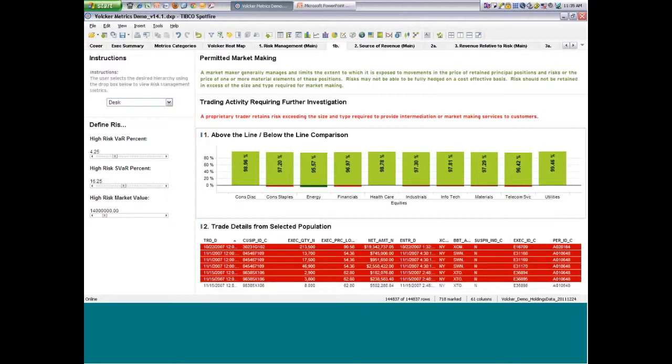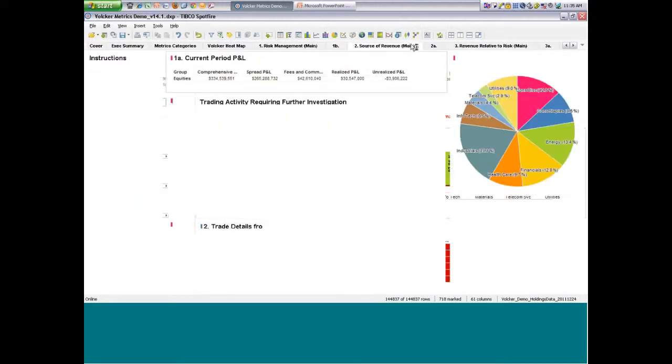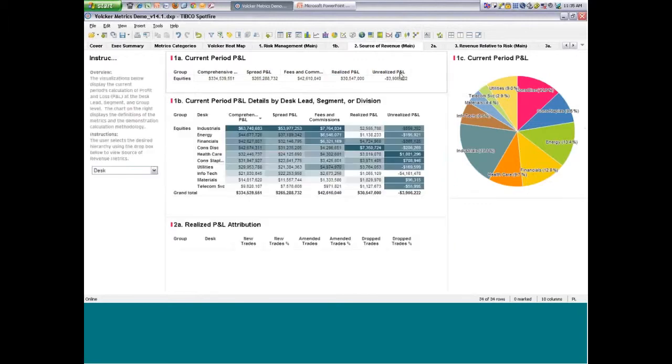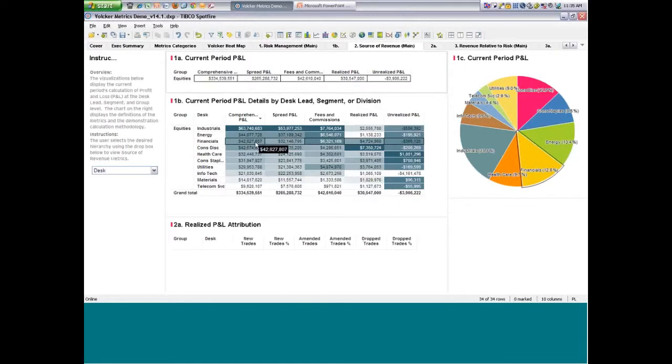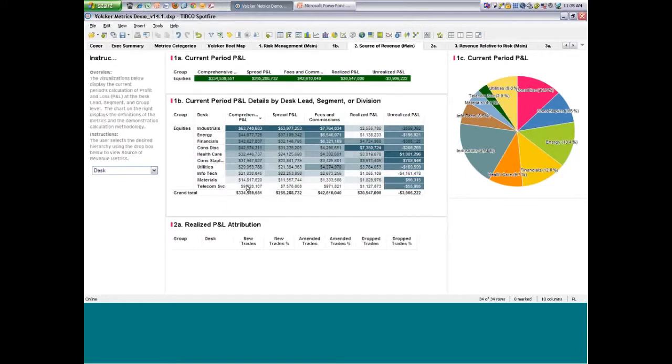I'm going to jump now over into sources of revenue as another example, and again, starting to think about the relative nature of compliance. In this particular case, we're looking at a snapshot of P&L and the different attributes of P&L that make up comprehensive P&L.